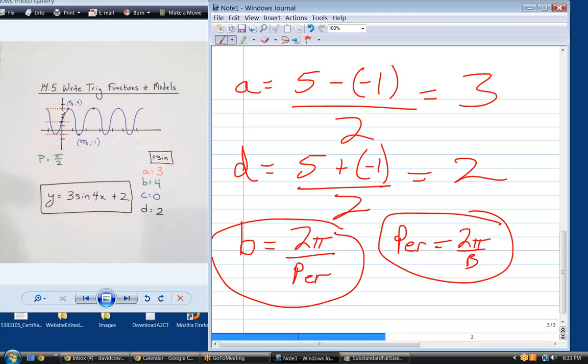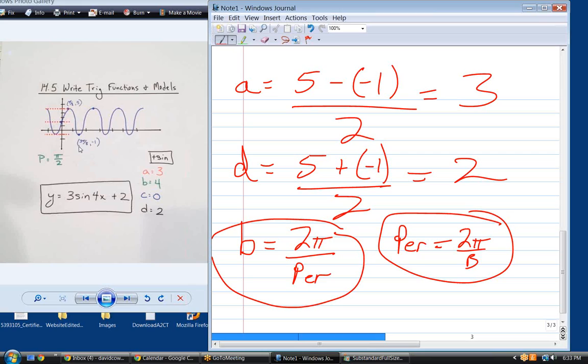You can take any 2 points. You can go peak to peak. You can go trough to trough. You can go from that point there to that point there. But you have to figure out how much the period is horizontally.